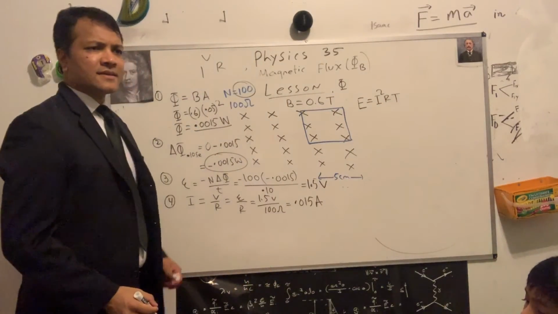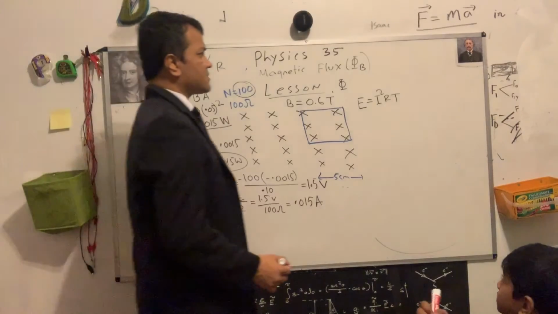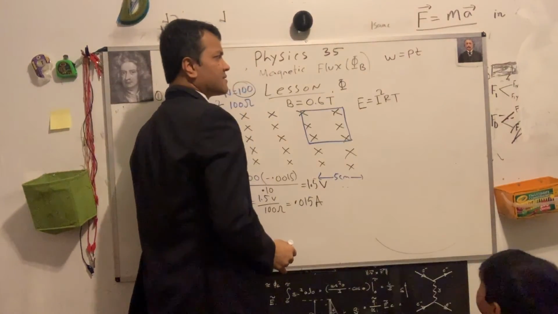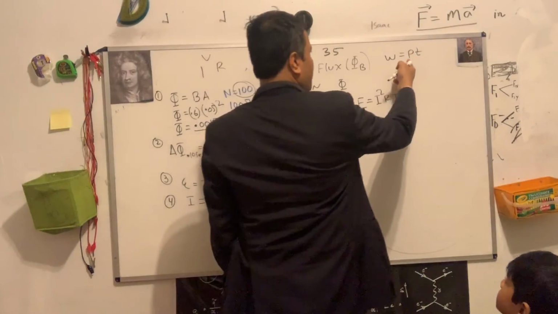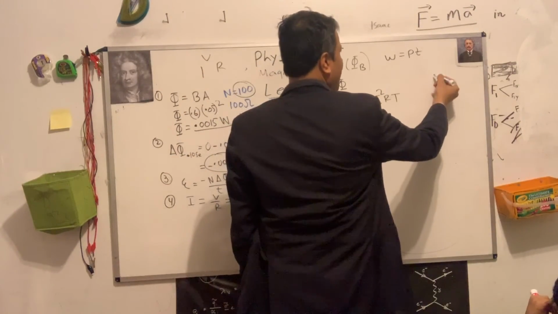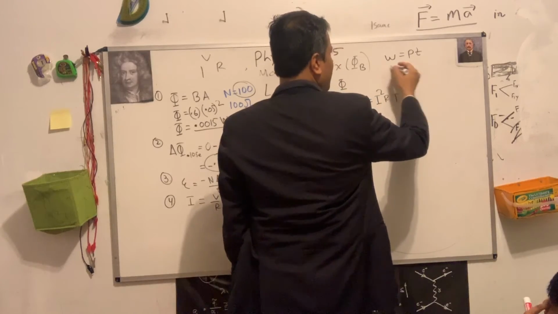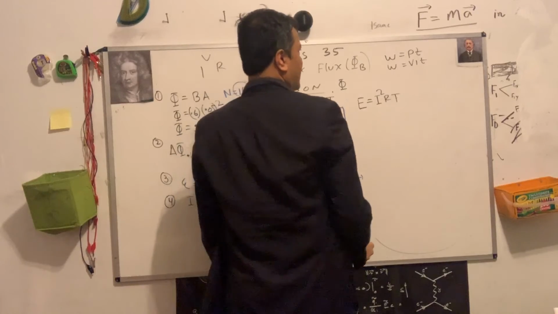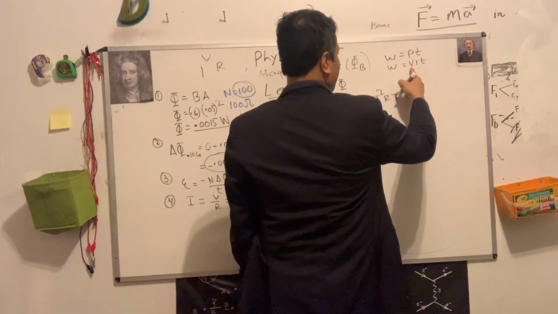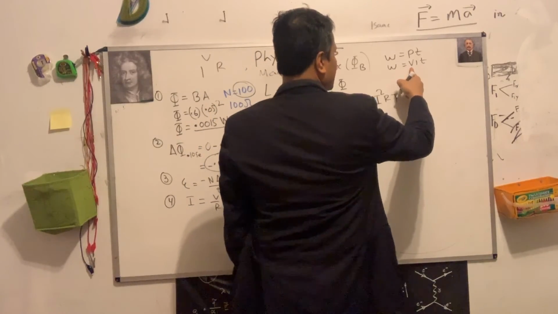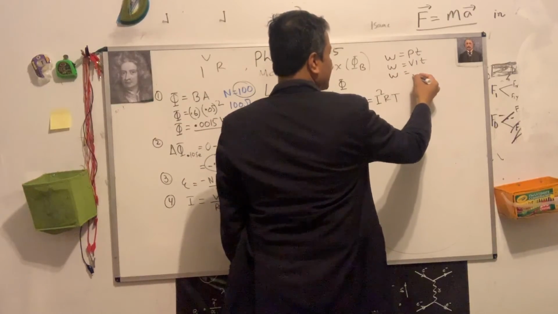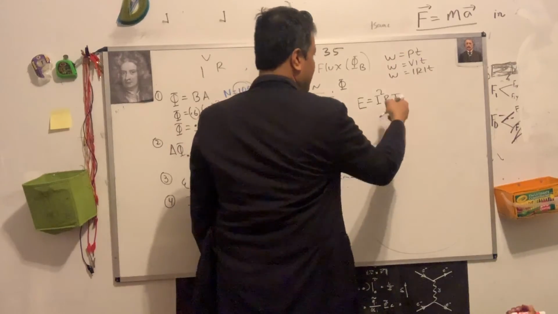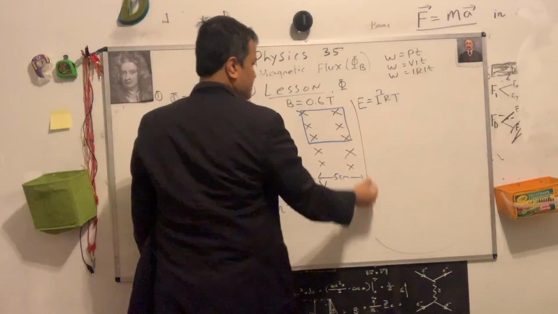Work is P times T, and P is V times I. So VIT, and V is IR, so it's I squared RT.